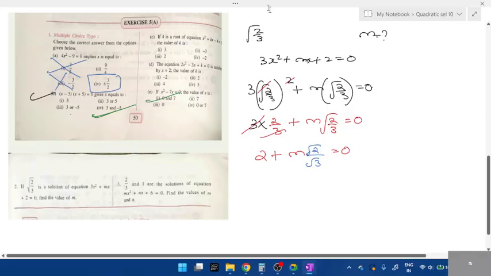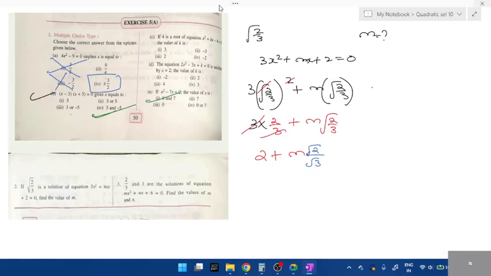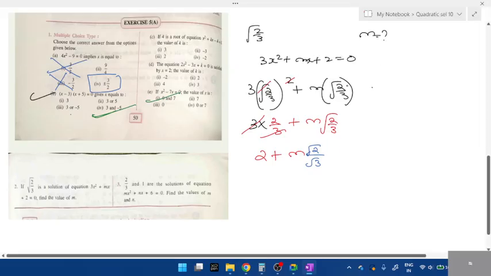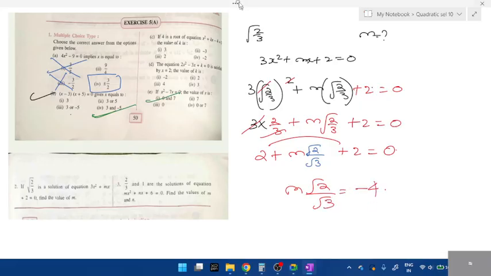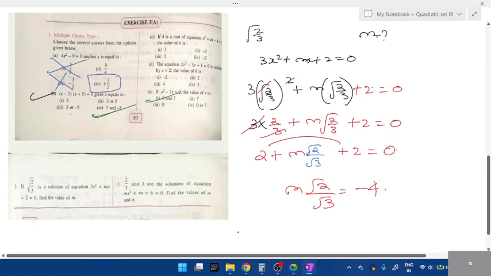Oh yeah, I missed out plus 2 in the equation. Just a minute, students. The equation is 2 plus 2, 4 goes to the other side, you get -4, right?